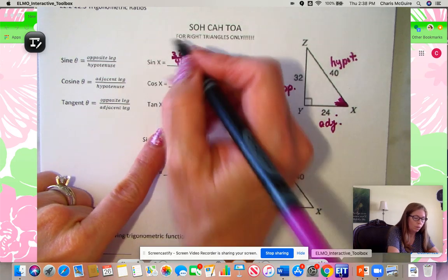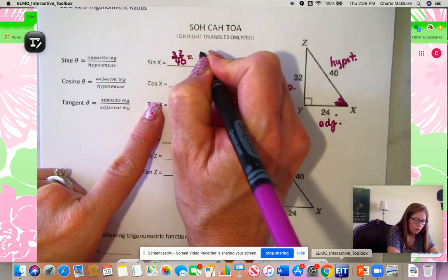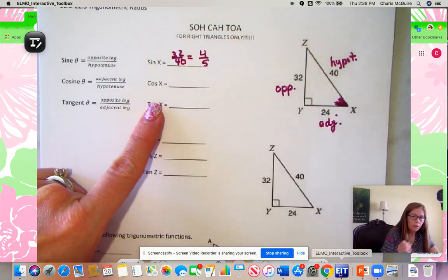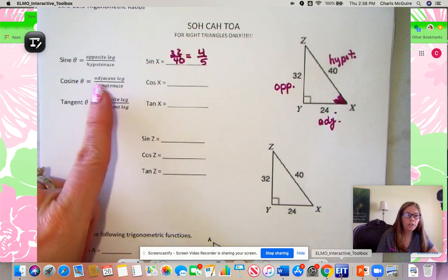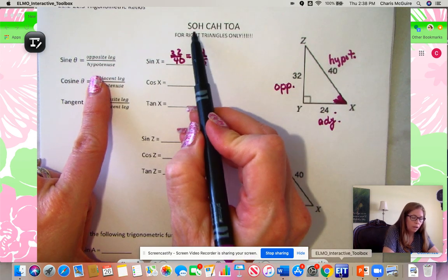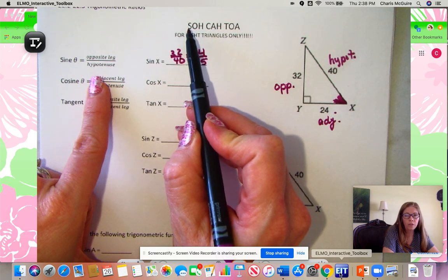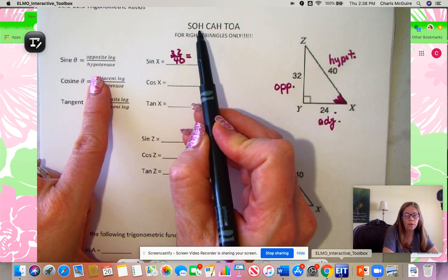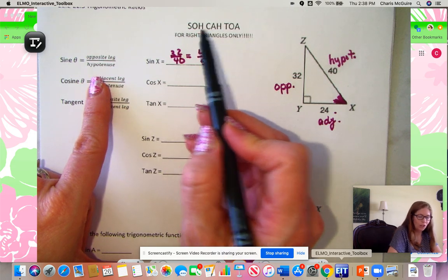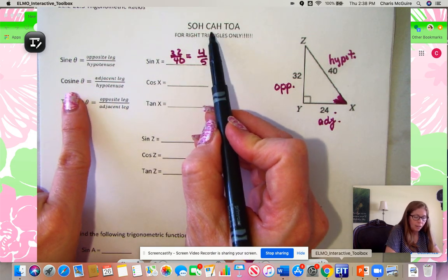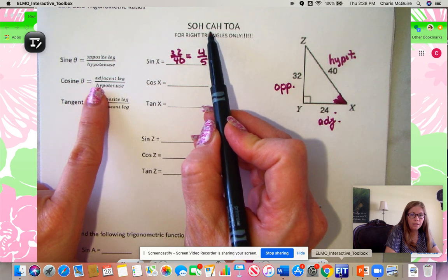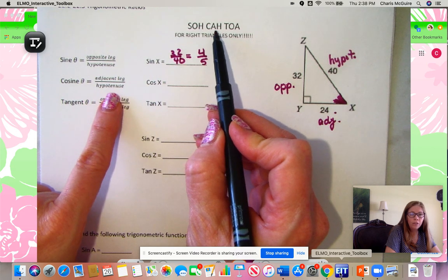That's reducible by 8 and gives us 4 over 5. And you can also see that up here in our little mnemonic device, SOH: the sine function is the opposite side over the hypotenuse. That's your ratio.